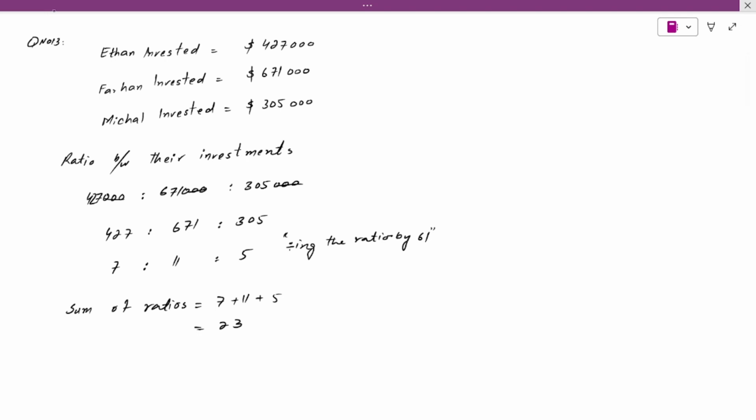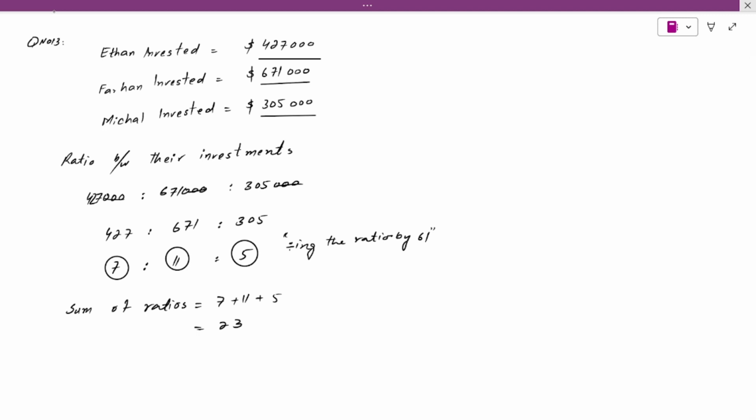Now you must be clear in your mind that Ethan's investment is $427,000, Farhan's investment is $671,000, and Michael's investment is $305,000. The simplified form of Ethan's ratio is 7, Farhan's ratio is 11, and Michael's ratio is 5.